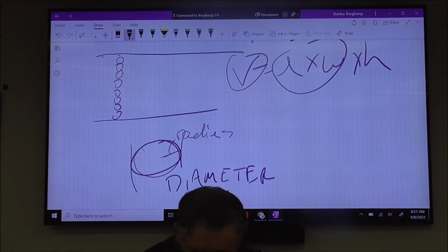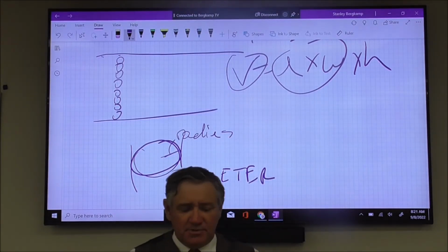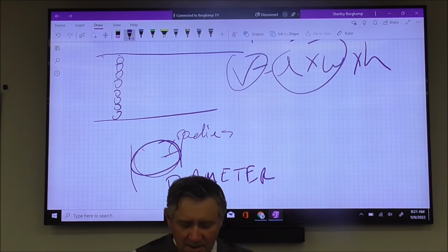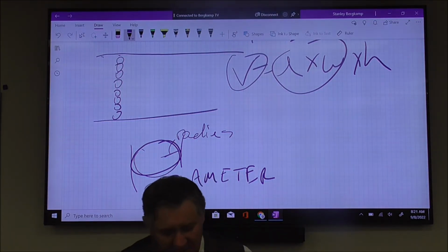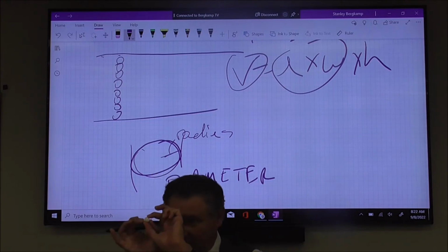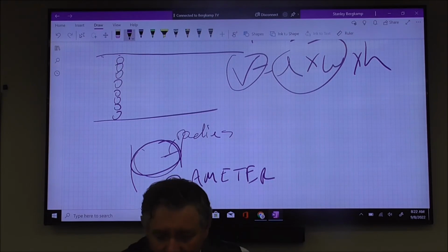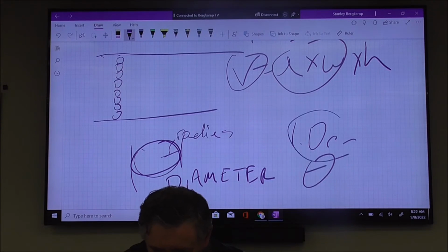Okay? Now, think this through from a units perspective. Let's say that this is 1 centimeter diameter. So this small one has a diameter of 1 centimeter.